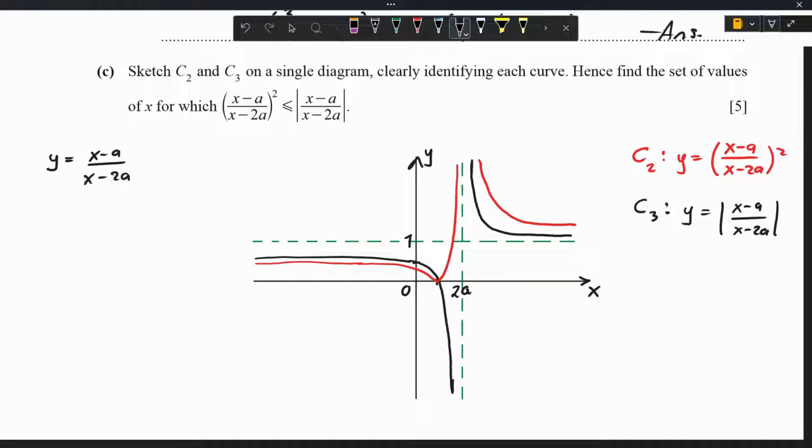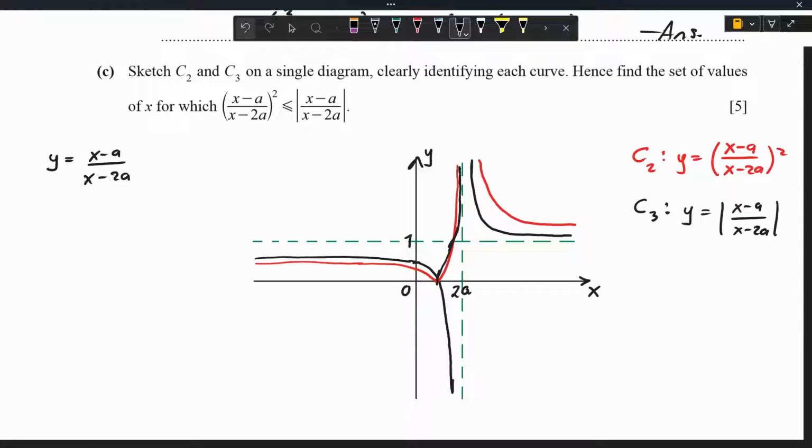So for the modulus graph, the simple thing we need to do is to reflect this line segment, the part that is negative, all right? So essentially, it will come out like this. It's been reflected, so more like this, all right?